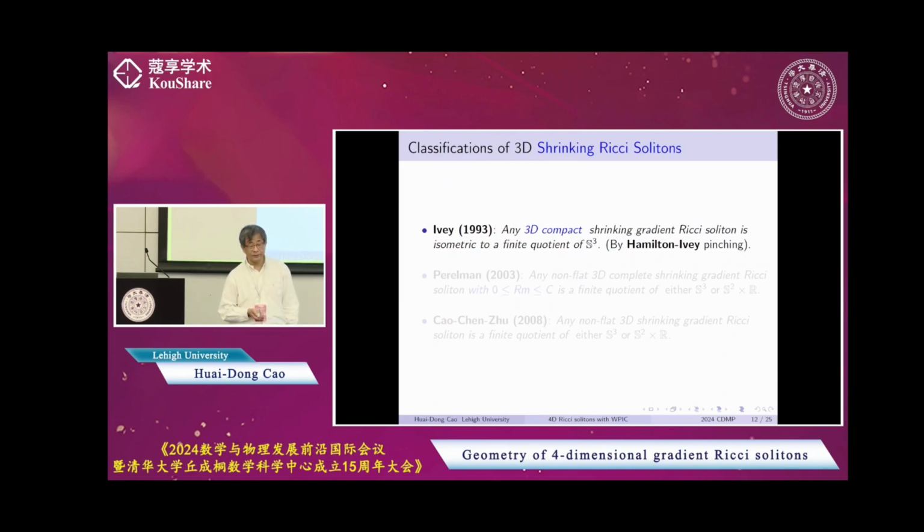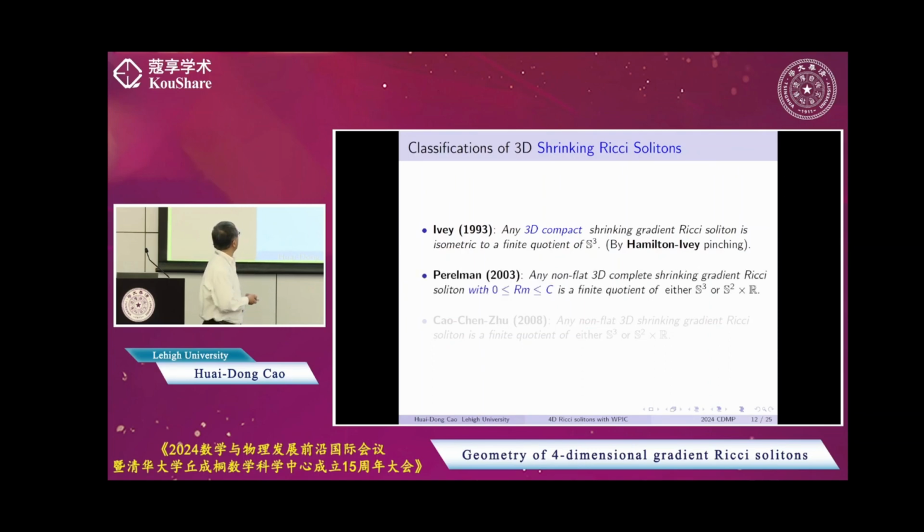And Perelman was the first one to classify the non-compact case when the curvature is non-negative and bounded. So that's enough for the singularity coming out of a compact 3-manifold. But then the question is, it turns out that you can remove the curvature assumptions based on some work of Ni and Wallach, Binglong, and Chaoping.